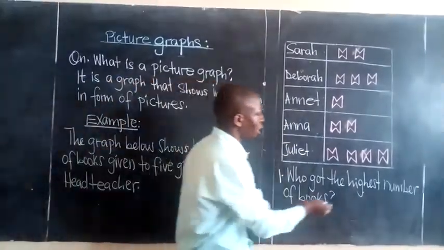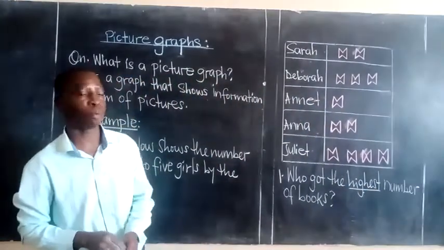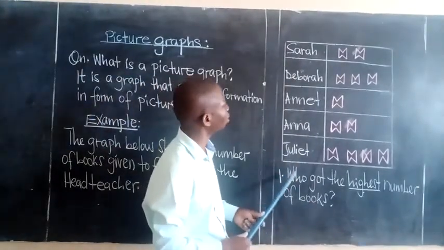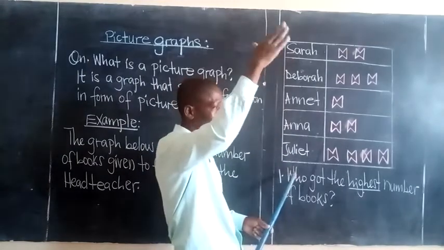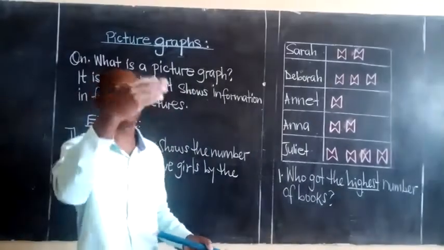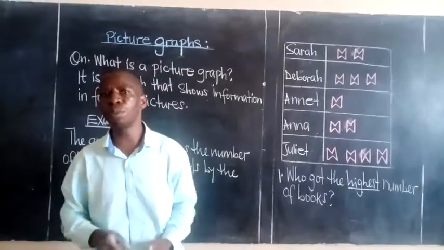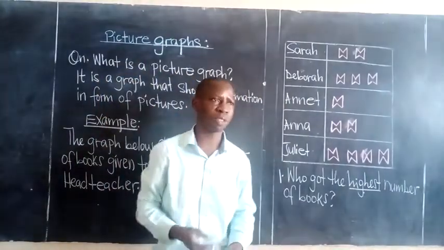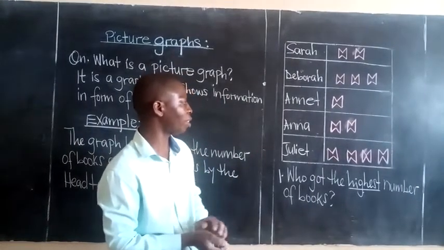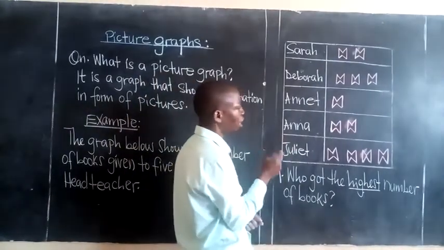The key word here is highest. Who got the highest number of what? Books. So we shall look for the highest number of books. Highest may mean the most or the greatest. The greatest number of books, the most number of books, the highest number of books, they carry the same meaning. So highest means the most. And I hope Juliet got the most number of books.